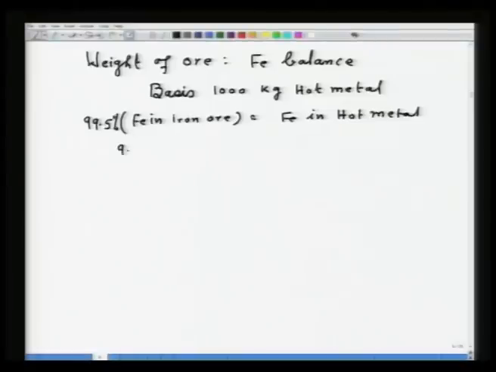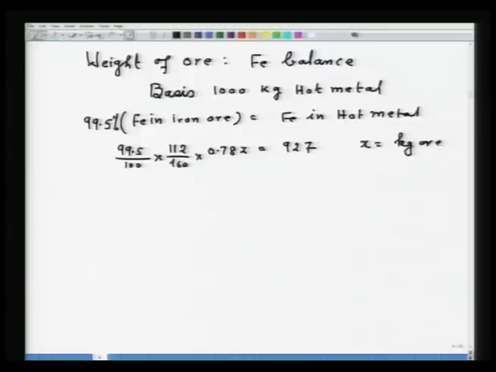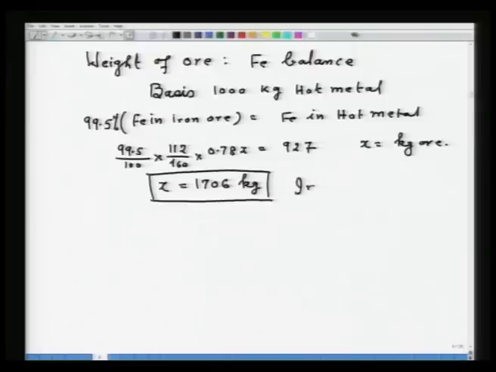We straight away go 99.5 upon 100 into 112 upon 160 into 0.78 x equal to 927, where x is the kg of ore. Then x is equal to 1706 kg. This is the amount of iron ore. If you want to calculate the amount of iron ore, the iron balance is the starting point.